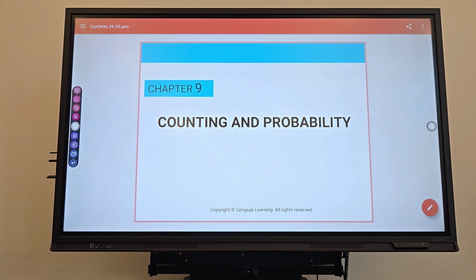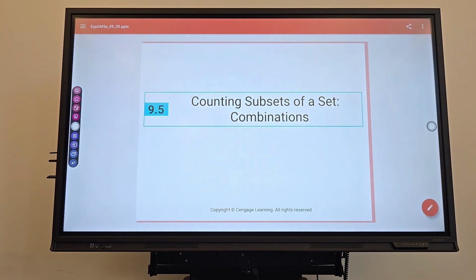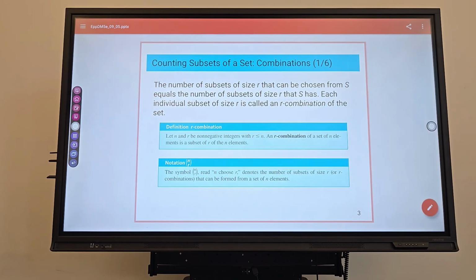So section 5 is counting subsets of a set: combinations. Well, the number of subsets of size r that can be chosen from S equals the number of subsets of size r that set S has. Each individual subset of size r is called an r-combination of the set. Definition. Let n and r be non-negative integers, with r less than or equal to n.